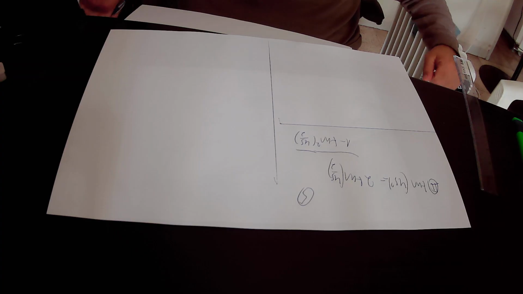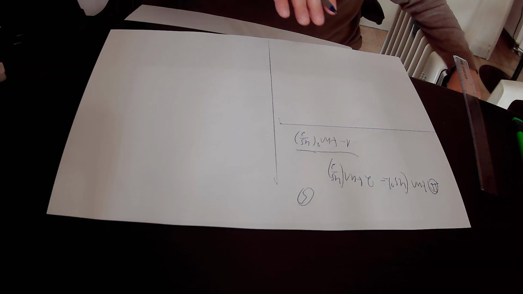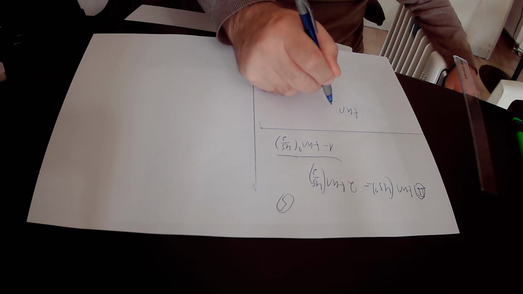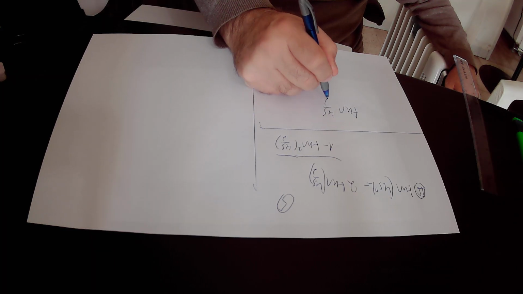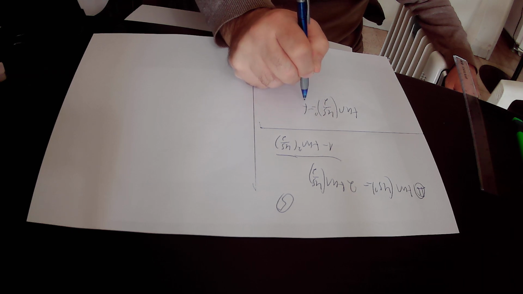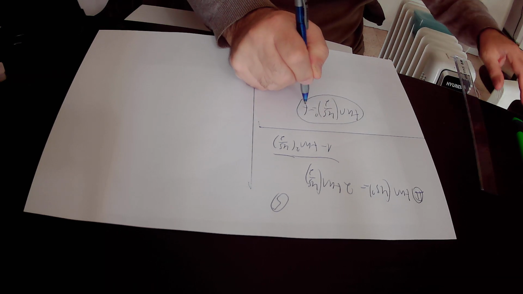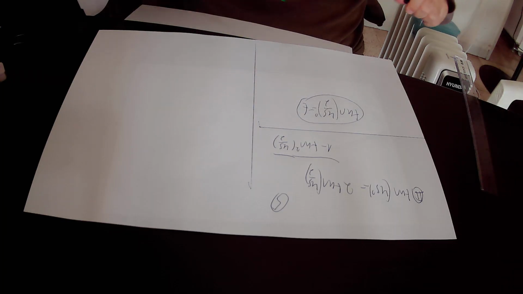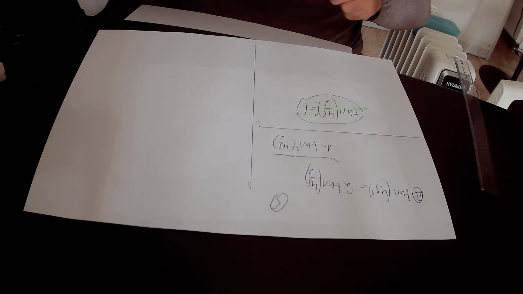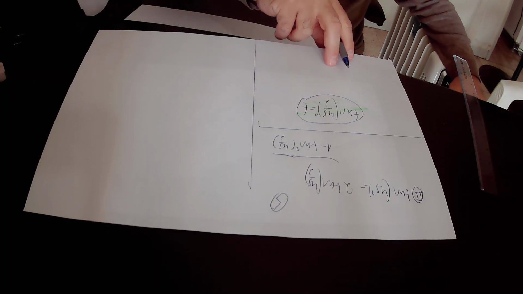In the next step, we will define tangent 45 over 2 degrees as t, and we'll substitute tangent 45 over 2 degrees in this equation, equation number 2, by t.